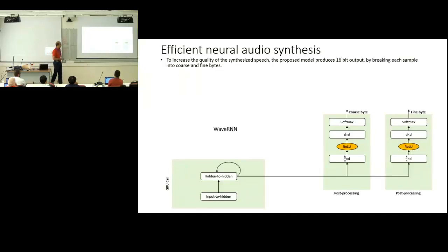Another idea was to split the output into two parts: one coarse byte and one fine byte. So this is 8 bits and 8 bits, and if we concatenate them together, we have a 16-bit output, which is very high fidelity audio.